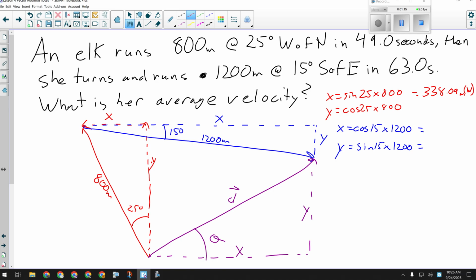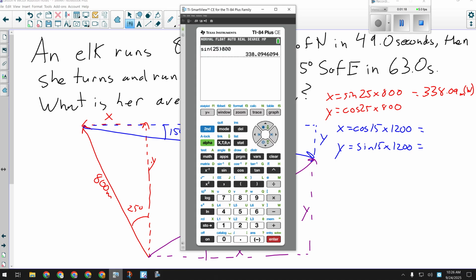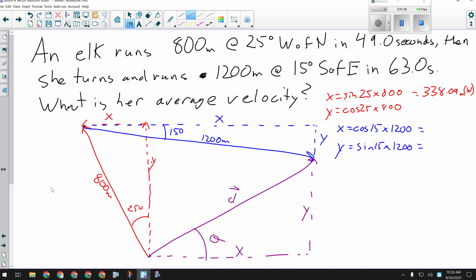Okay, and then the y component is going to be the cos of 25 times the hypotenuse, 800. That side will be 725.05 meters, and that's north.